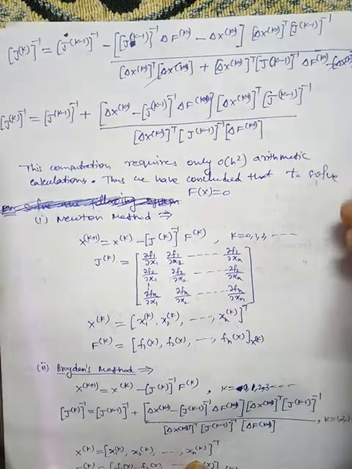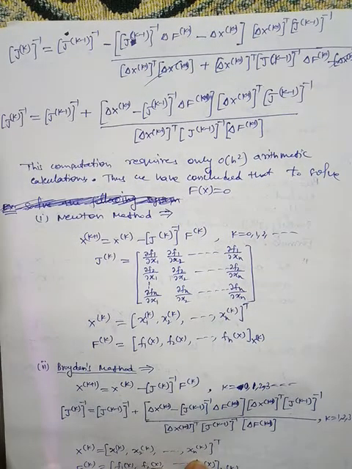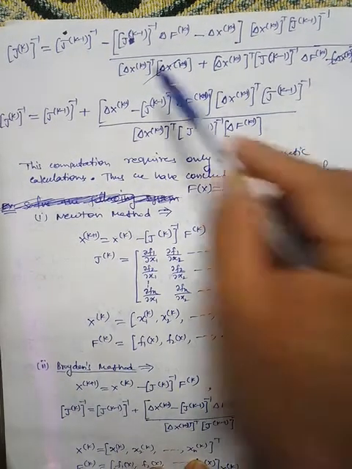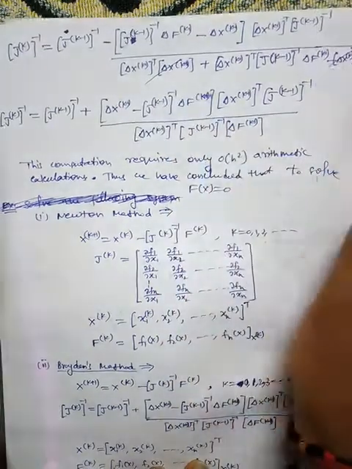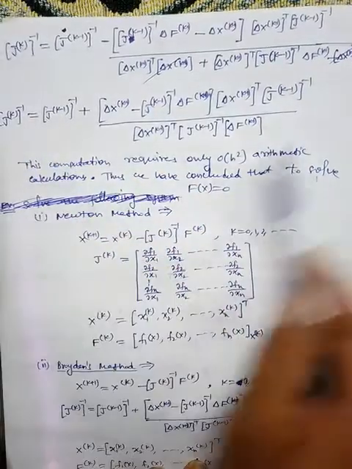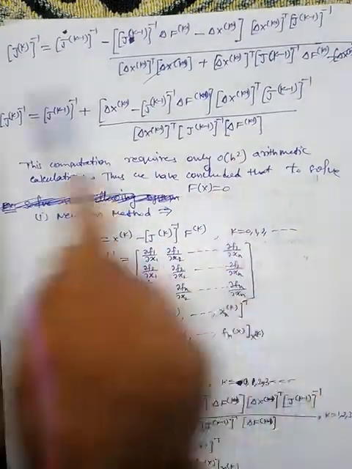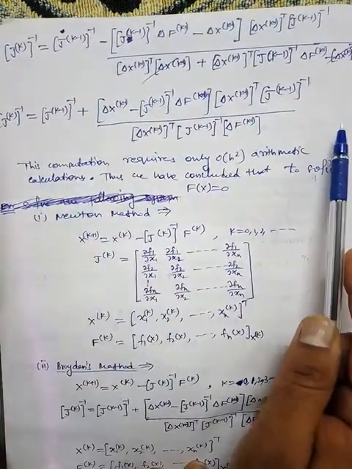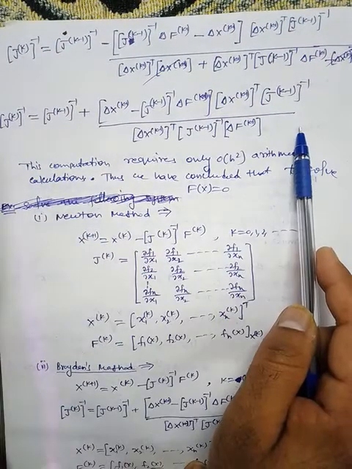After simplification, this term is cancelled out with this term, both are the same term, and here is a minus sign, so they will be cancelled out. So we get this term, and this is basically the updation. This is the Broyden's updation.